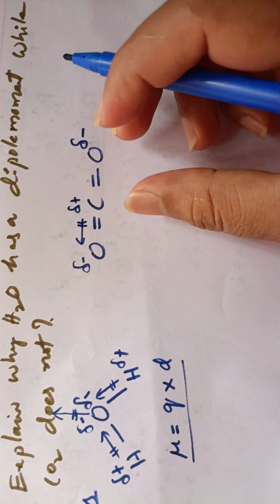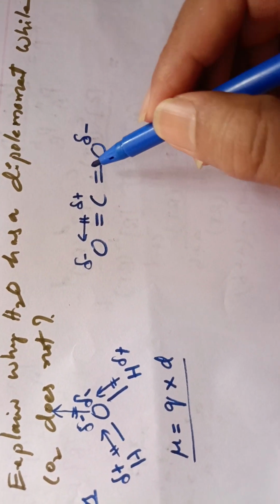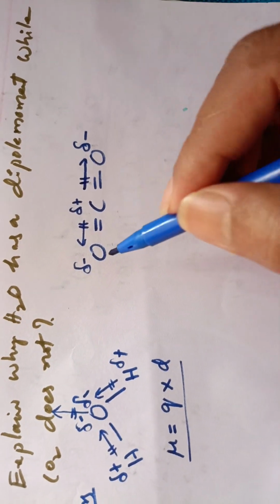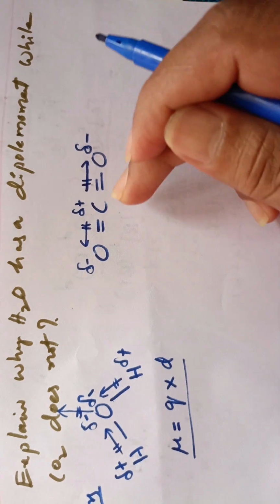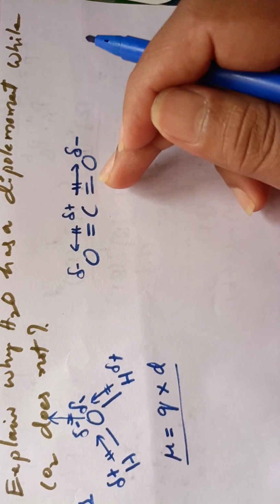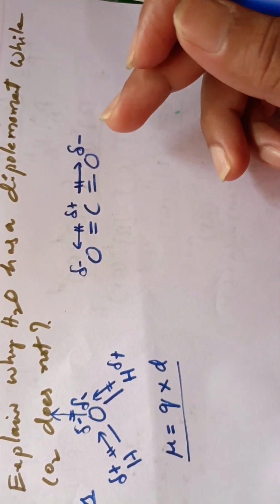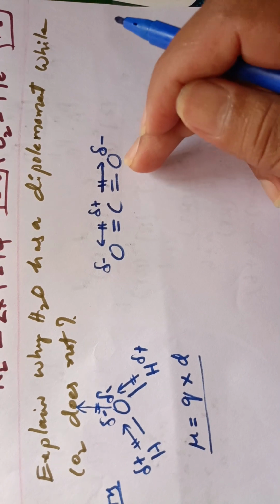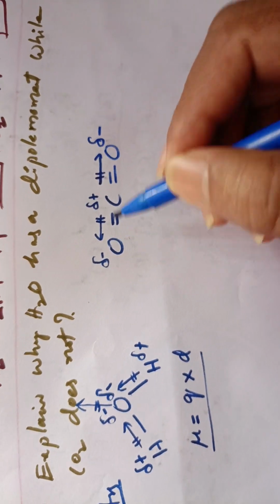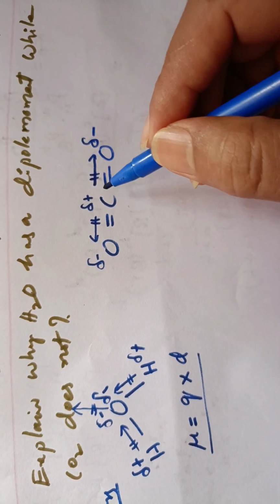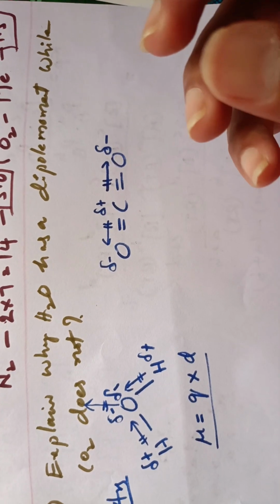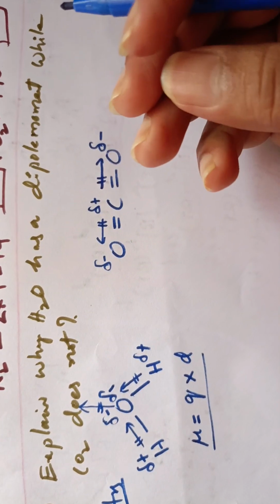And if you observe between these two atoms also, the dipole moment is in this direction. So this is an oxygen atom, this is an oxygen atom, this is the carbon. So the dipole moments of the C=O double bonds are of the same magnitude. The dipole moment is the same magnitude, but the direction is opposite. This is in this direction, this is in the opposite direction, but the magnitude, that is the value of dipole moment, is the same but in the opposite direction.